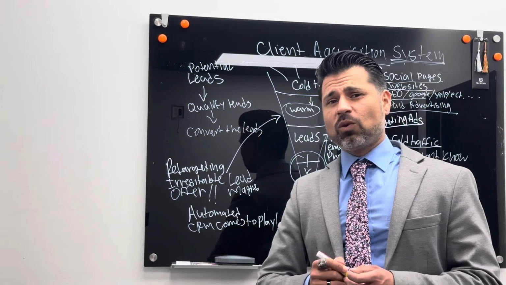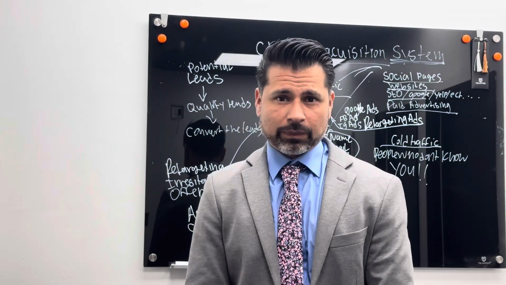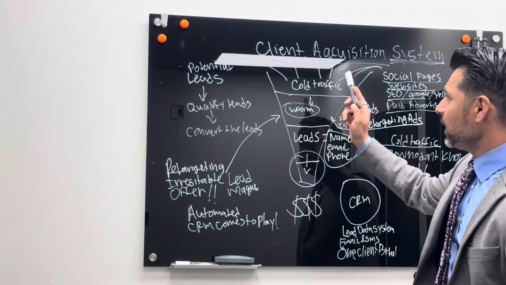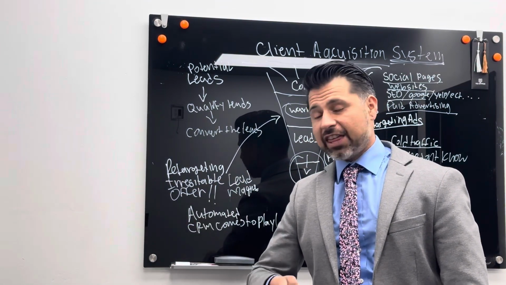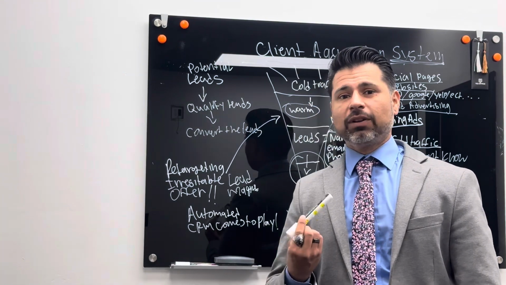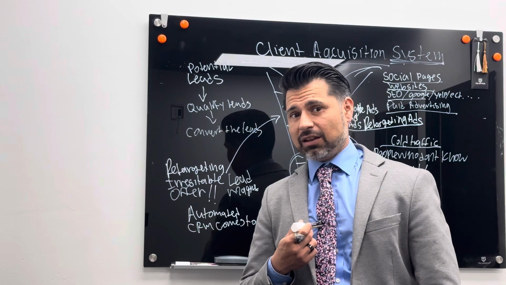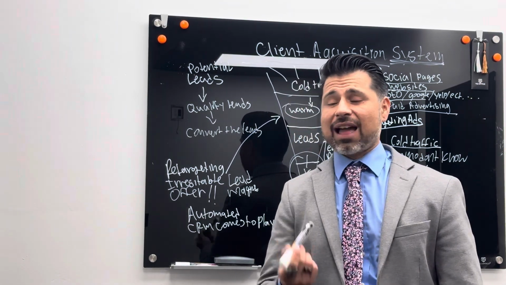Now, why do we want to qualify them? Tell me, why do we want to qualify them? If we start to pitch every single lead that's coming in, they might not be qualified to get our products or services. They might only be looking, or they might be asking questions. How do we know that person is actually qualified?